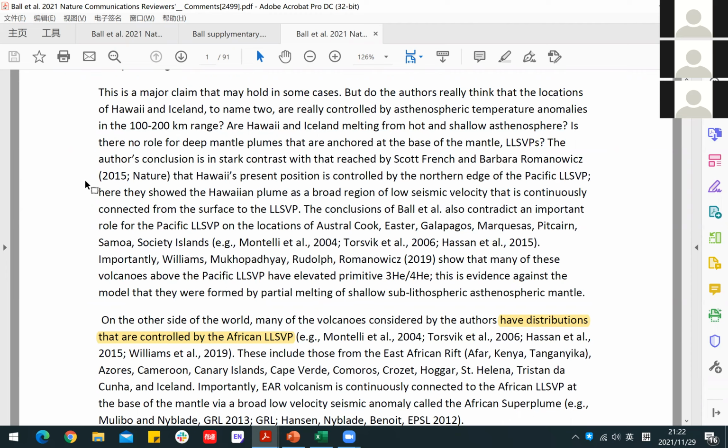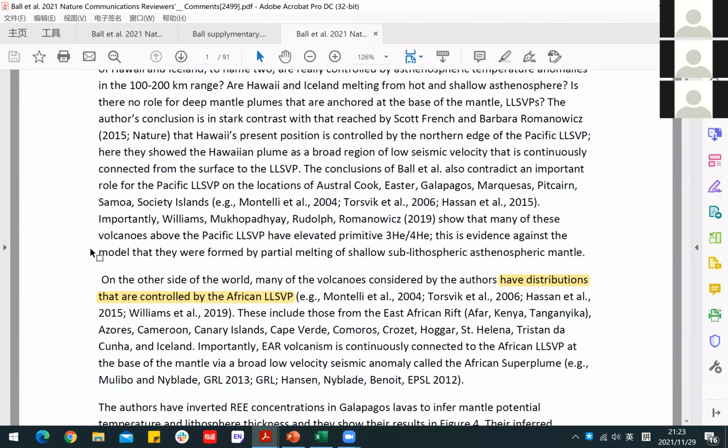You still need the heat flow from the deep earth to generate this temperature anomaly. Otherwise, where does this temperature anomaly come from? Because they claim they try to get the intraplate volcanism that should be far away from any subduction zones or plate boundaries.